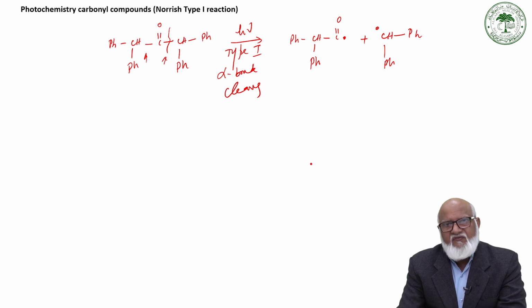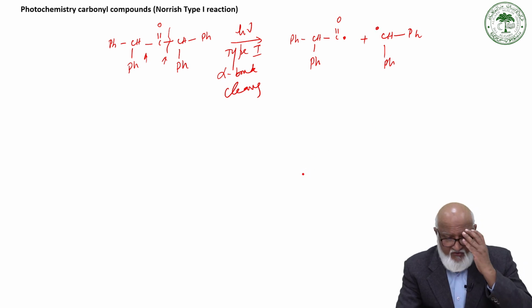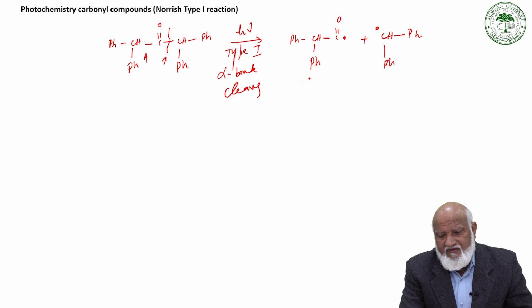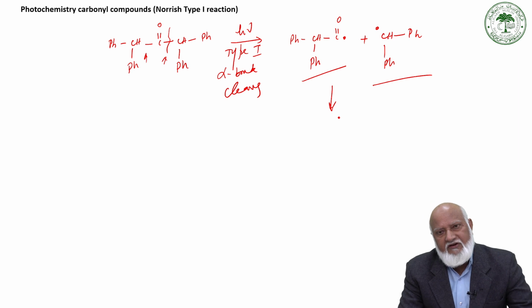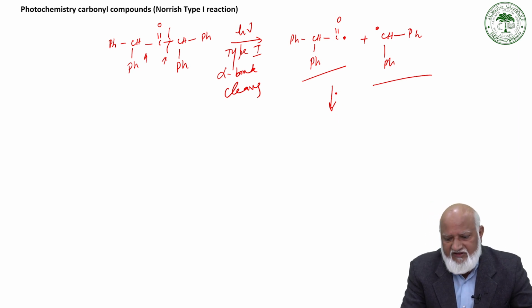This is the first step in the photochemistry of this ketone, giving you an acyl radical and a carbon center radical. The acyl radical is known to undergo very fast decarbonylation.